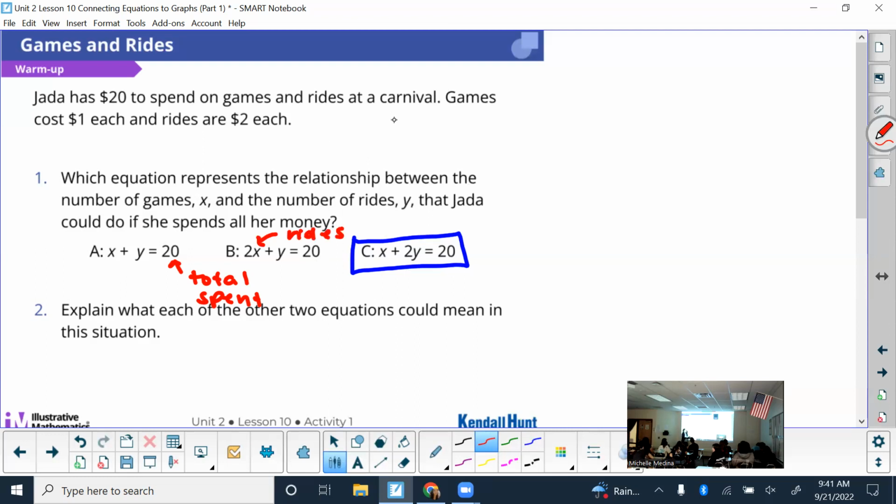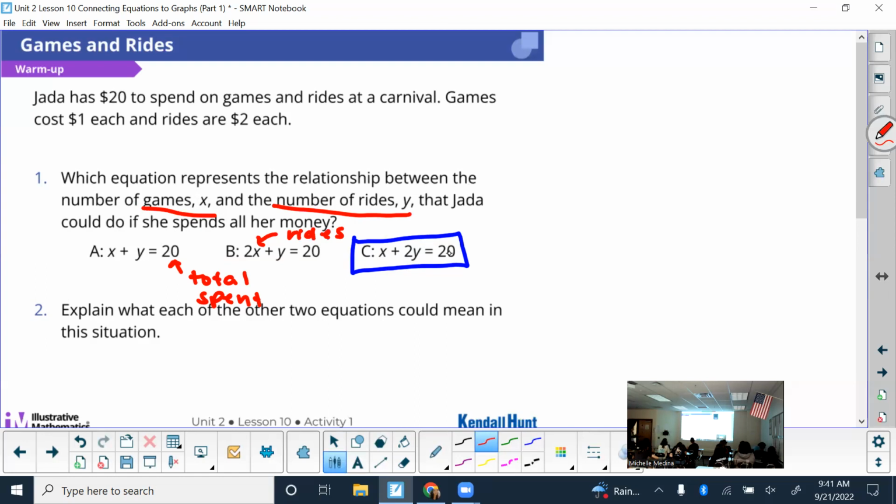So let me remind you, what does X represent in this? The games. And what does Y represent? Number of rides. So these are all really similar to our answer, but in situation A, how much do the games cost?